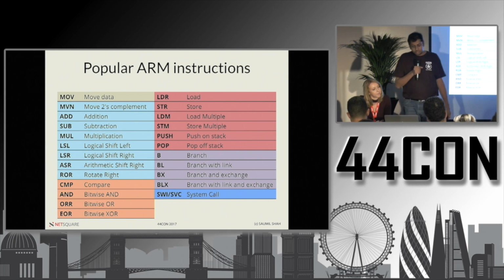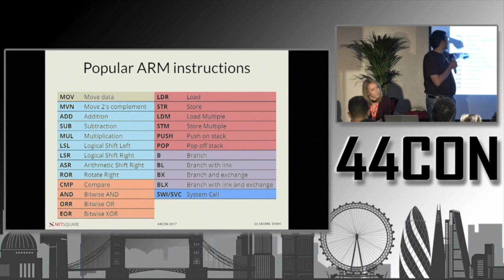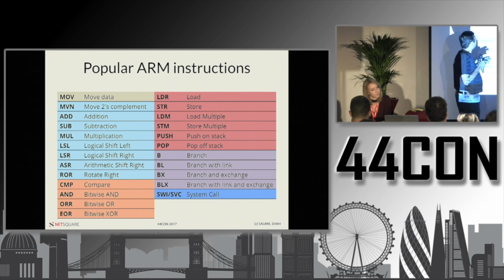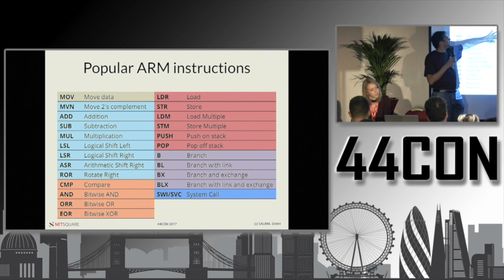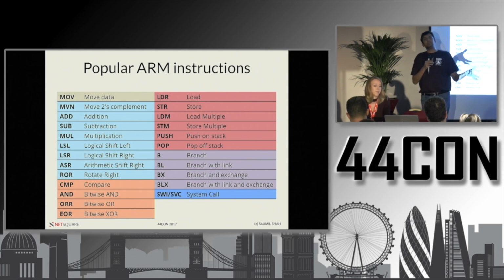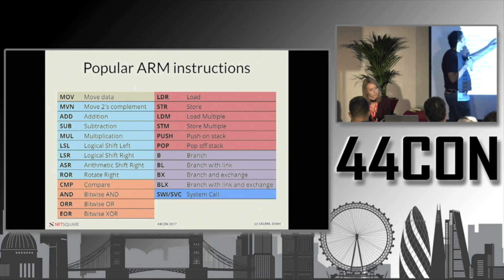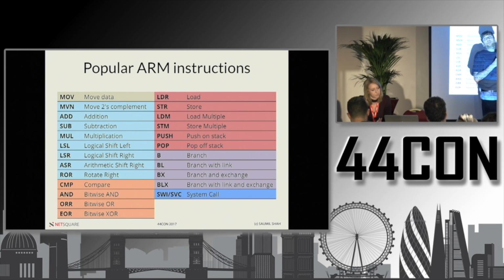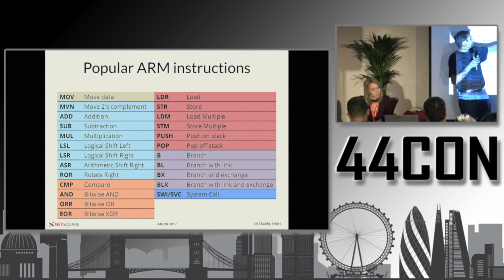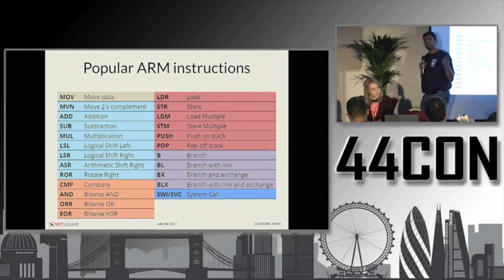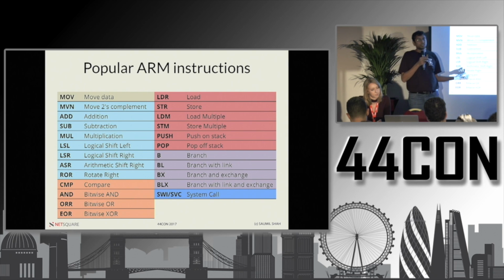So these are bitwise. These ones, the red ones, are load store, LDR and STR. This will load a pointer into a register. STR will store a value from a register into a memory address. So this is where you read the contents of memory by address into a register.